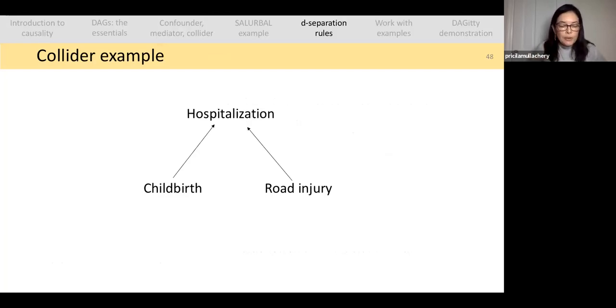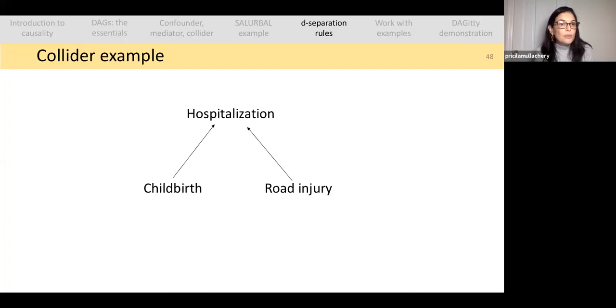This is an example of a collider that people see a lot when they work with hospitalization data, because hospitalization is a common cause of many conditions, right? People are going to be hospitalized for different things. In the overall population, we might not see an association between road injury, for example, and childbirth.